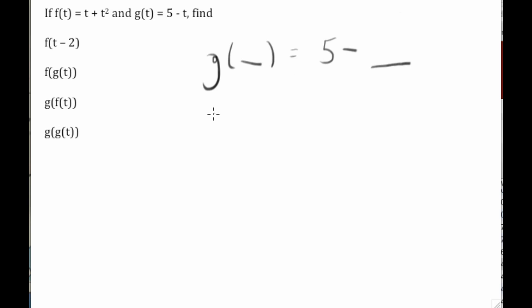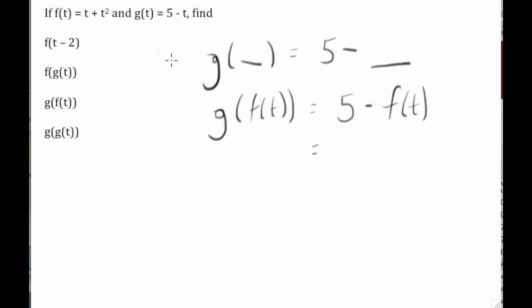So when we see g of f of t, that is 5 minus f of t. And now we just have to plug in what f of t is. Now do be careful here when we're subtracting, especially since it's something complex. Put stuff in parentheses. Practice safe mathematics. There we go. That is g of f of t.